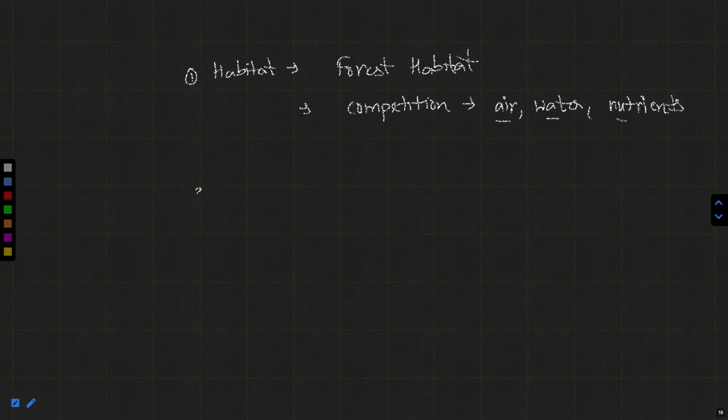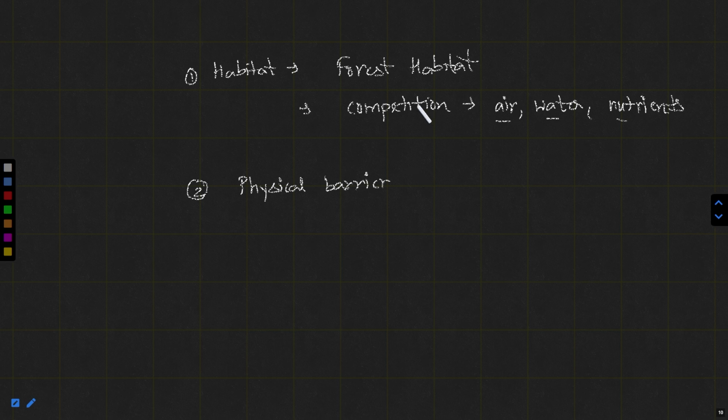Second, there is habitat fragmentation. Because of some physical barrier, what will happen? The habitat will be segregated.